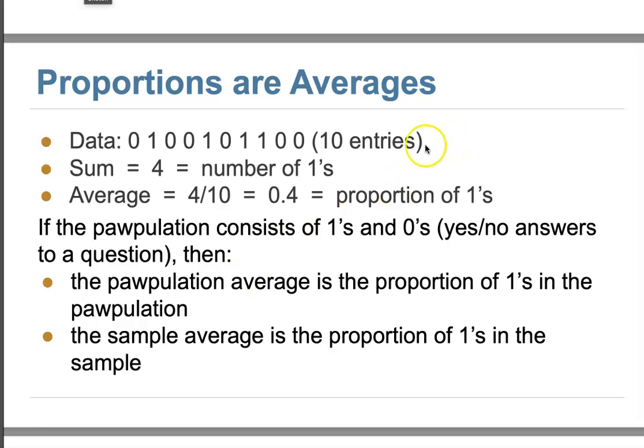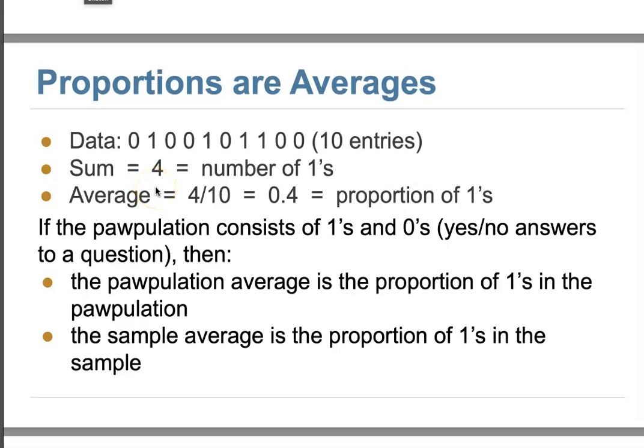For example, if we have data, like earlier we said, for categorical data where we only have 2 results, you have either 0 or 1. If the sample size is 10, and here we have four 1s and six 0s, that means the total for our sample is 4.